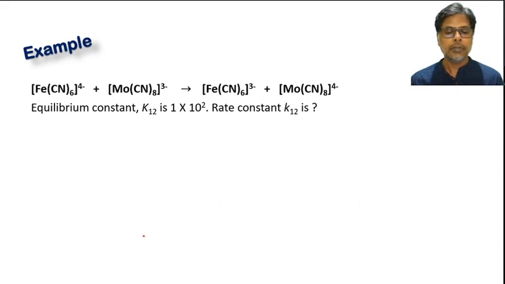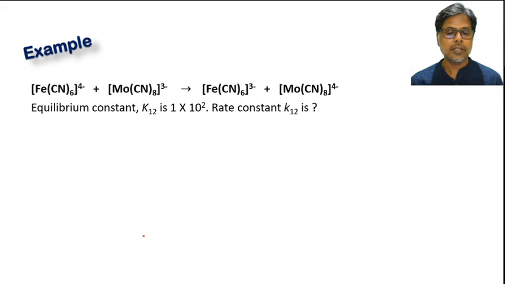Take a look at a cross reaction. Here we have iron in +2 oxidation state and molybdenum in +5 oxidation state in the reactants. Iron 2 gives an electron to molybdenum 5, and iron becomes iron 3, and molybdenum becomes molybdenum 4.